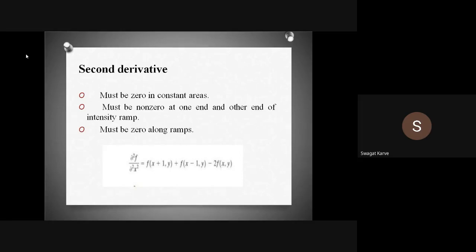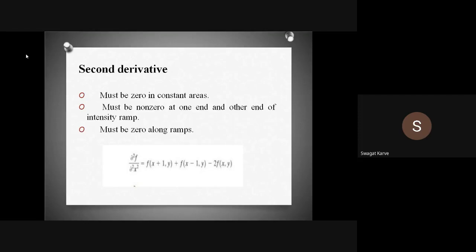The Laplacian of a two-dimensional image f at any location (x, y) is the second order derivative, and it is defined as: the second derivative of f with respect to x squared is equal to f(x+1, y) plus f(x-1, y) minus twice f(x, y).